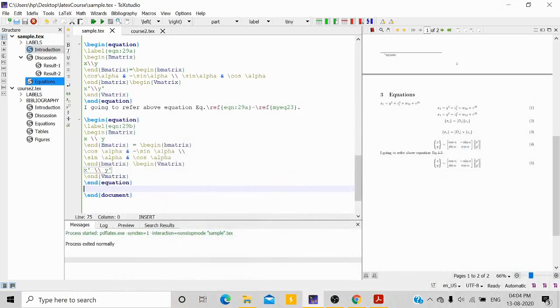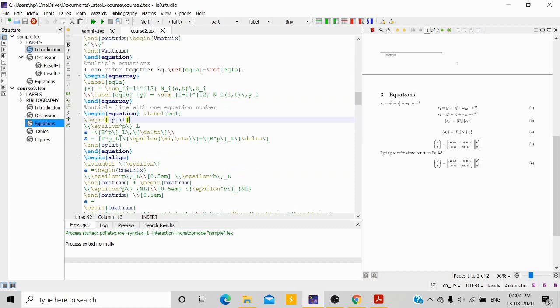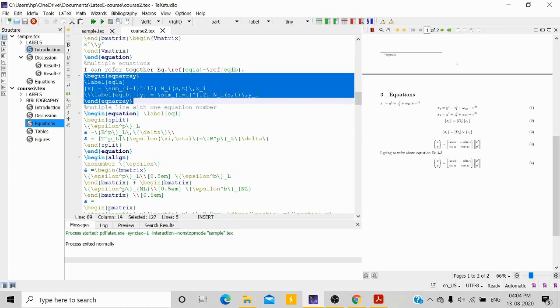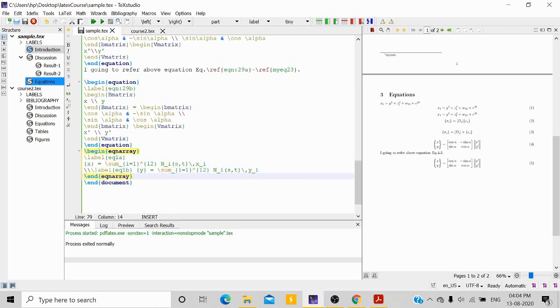Okay, so now these are single equations we have written, right? Now if you want to write equations together, then we can use equation array. Let me put here equation array. Let me show you.